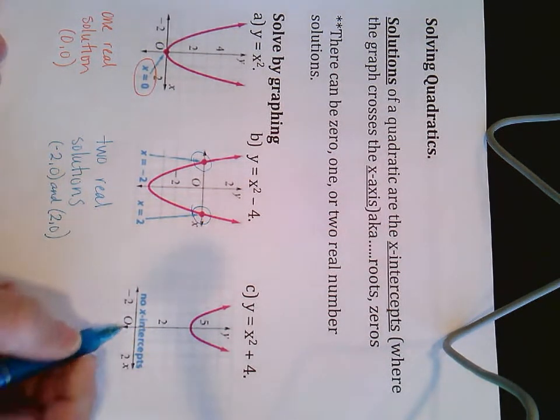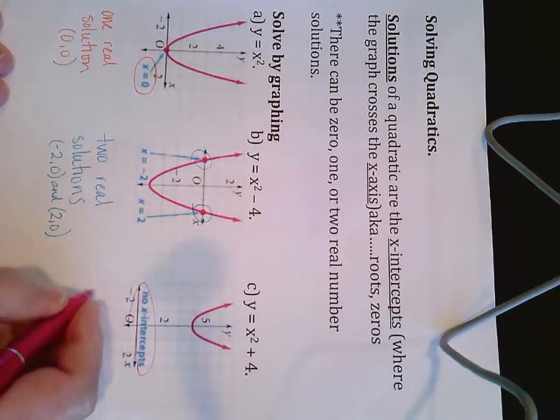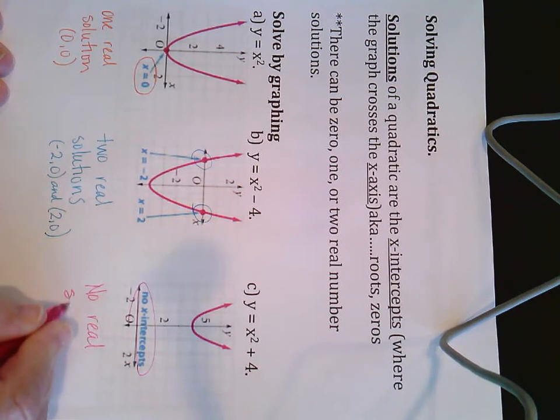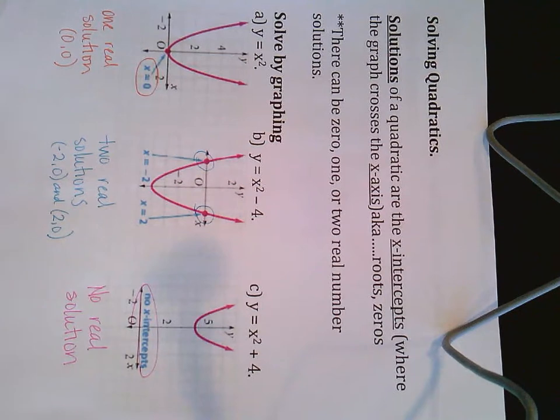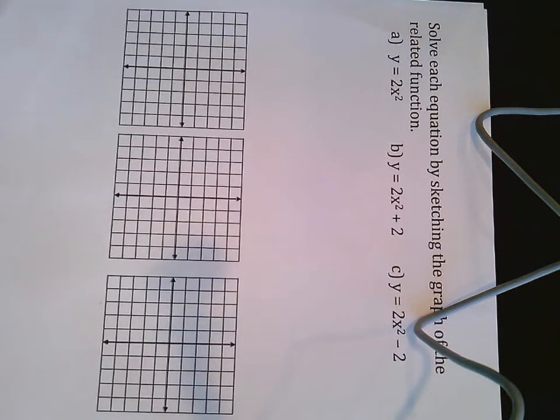On this last one over here, we have no x-intercepts, which means there is no real solution. And that's what it looks like. Okay, so you can tell the solutions by looking at the graph if the graph is done for you. That's one way. Or we can actually sketch the graph to see the solutions.